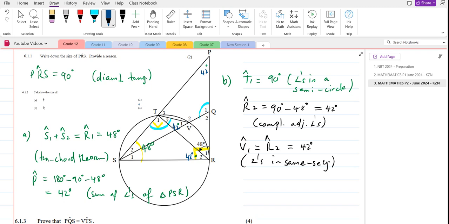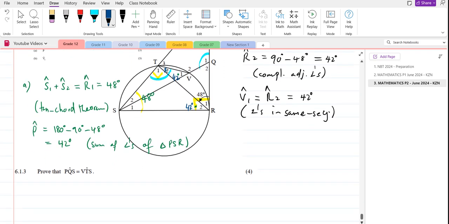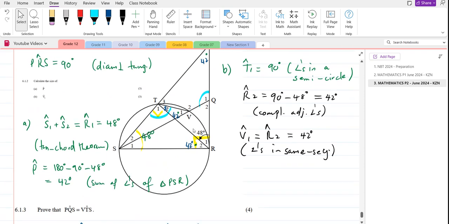If we make angle T2 equal to x, let angle T2 be equal to x. This implies if angle T2 is equal to x, then we got VTS as 90 plus x, right?